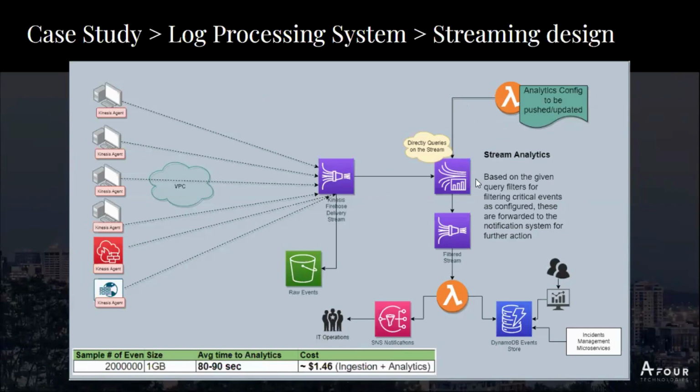The analytics or the driver code can then push this into the analytics engine and then query on this incoming data. When such a filter is passed, this is then pushed into a different Kinesis stream, a Firehose stream, right, which is then passed to a Lambda, which forks this into two parts, right?